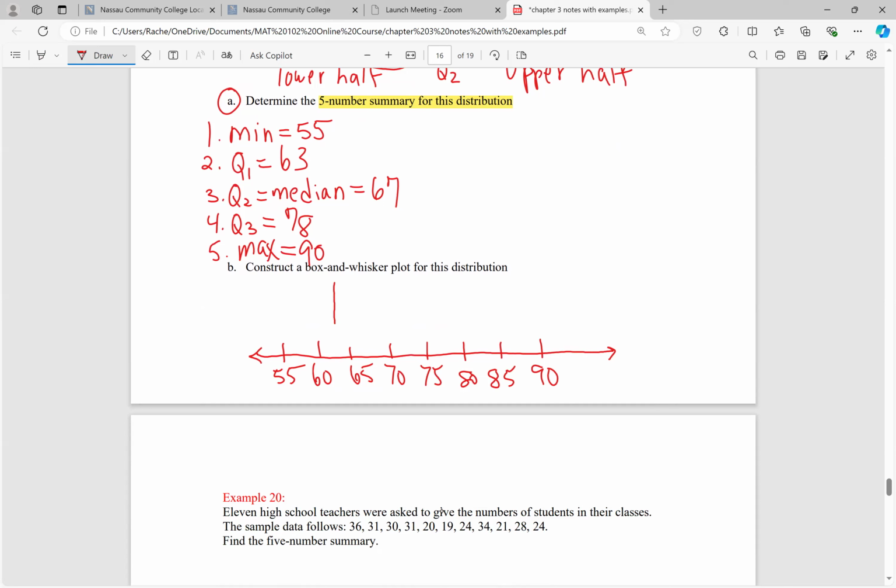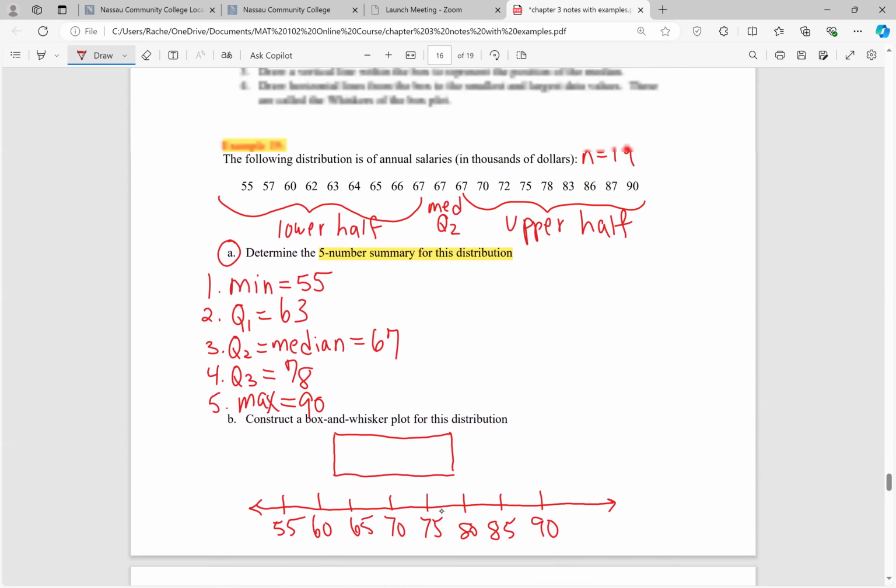So this line represents 63, which is Q1. Now we're going to draw another vertical line for Q3, the third quartile, which in this case is 78, which is a little bit less than 80. So I'm going to put that vertical line a little less than 80. So let's say this is about 78. And we connect them, making a rectangle.